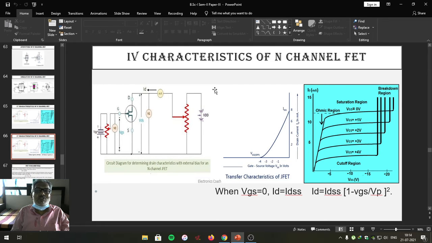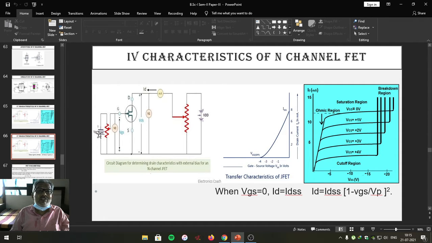And the circuit diagram used to plot the IV characteristics of FET is represented here. The circuit diagram of FET, whose IV characteristics are to be determined, consists of an N-channel FET. This is the symbol of N-channel FET, which I already studied, whose gate to source junction is reverse biased by VCC.